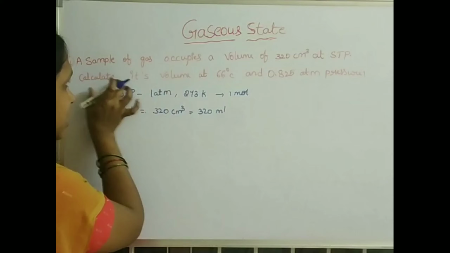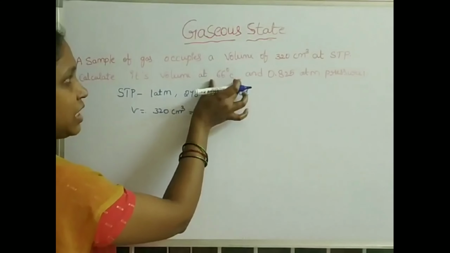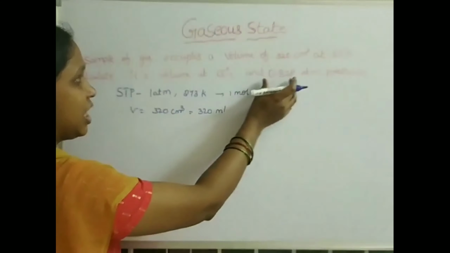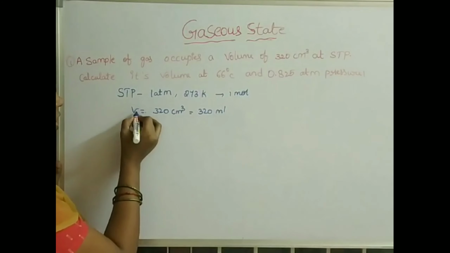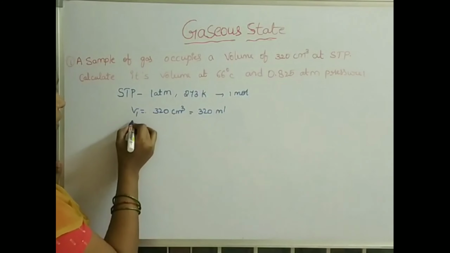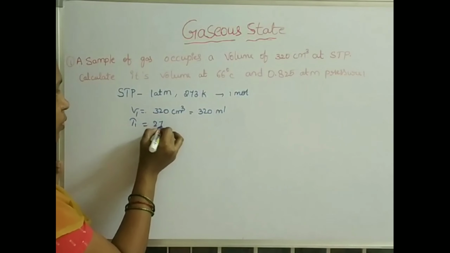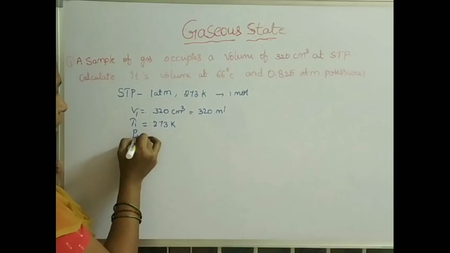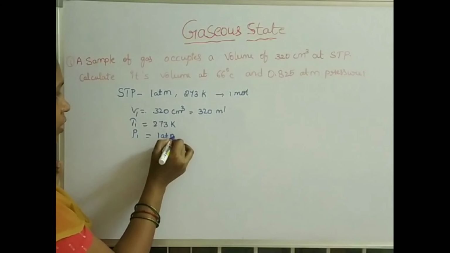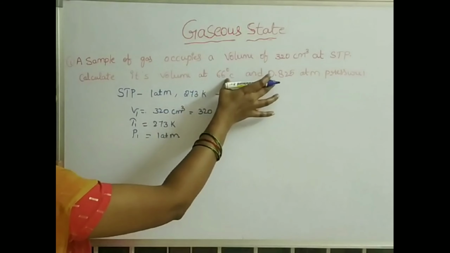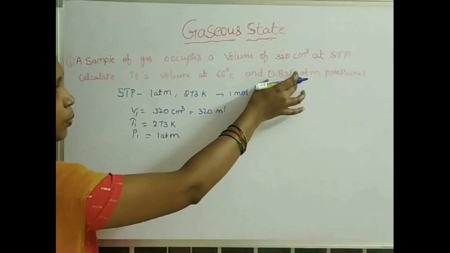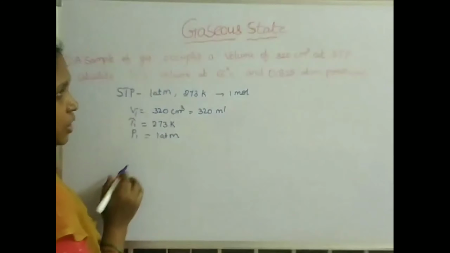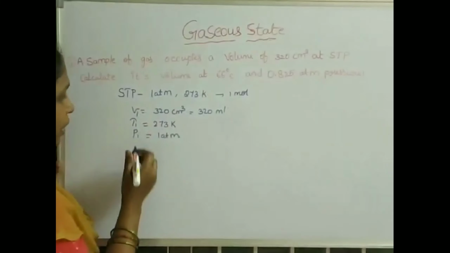And he asked to find the volume at 66 degrees Celsius and 0.825 atmospheric pressure. Consider V1 is 320 ml, T1 is 273 Kelvin and P1 is 1 atmosphere. And take the 66 degrees Celsius and 0.825 atmosphere as T2 and P2.